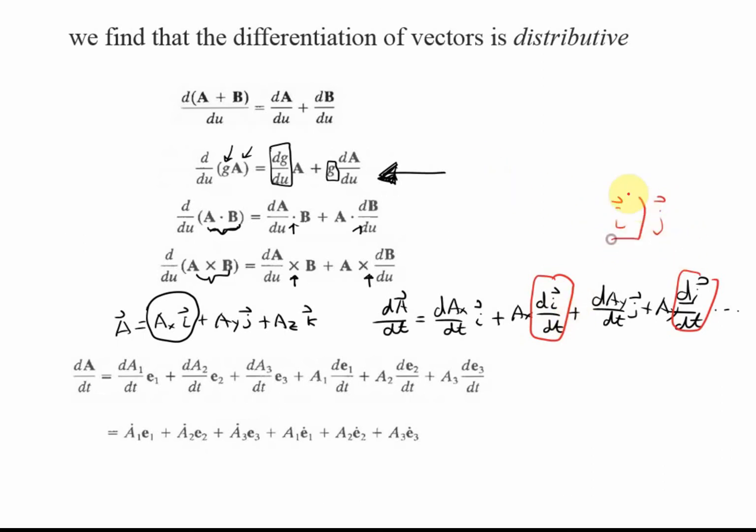So even over time, this unit vector does not change. That's why this one should be 0. The rate of change should be 0.